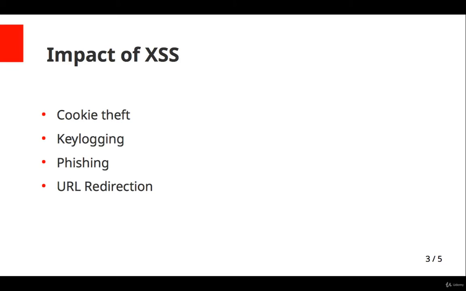For exploitation, an attacker can use social engineering, like email or clickjacking, to manipulate users into executing our payload.